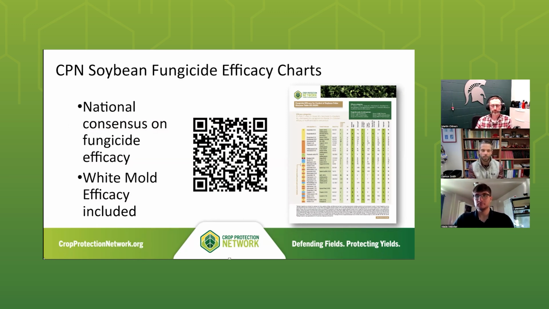And a QR code there will actually take you to the CPN fungicide efficacy chart. And in fact, on that chart, we include white mold, so you can actually find the products that have the best efficacy ratings there. So that would be definitely something that you'd want to check out if you're trying to consider a particular product for use. That's a conglomeration of all the data across all the different states.